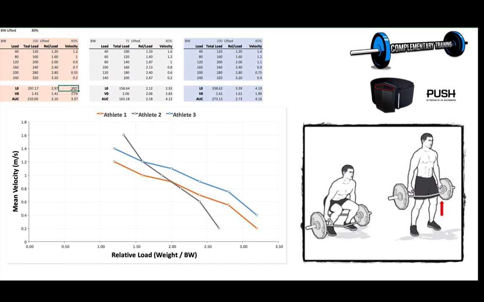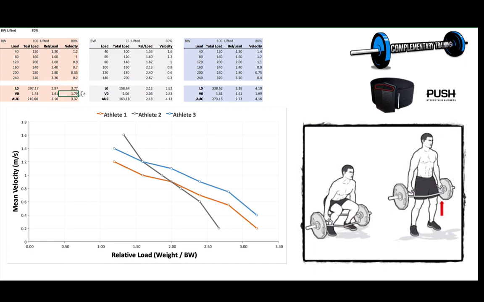So now we have L0, which is the external load, total load divided by body weight, when velocity is 0, and we have V0, which is the velocity when total load is 0.